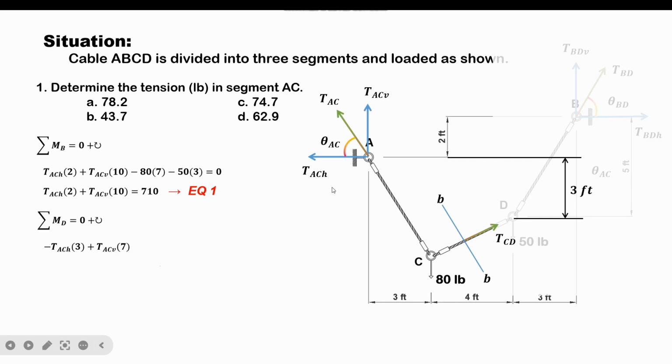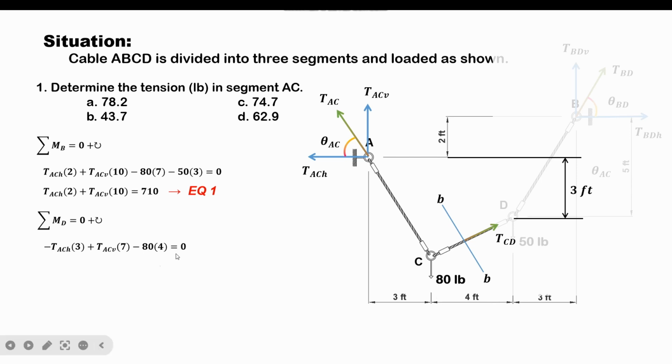And the other force that is involved is the external force 80 pounds. This force will produce a counterclockwise moment about point D. So we will have here negative 80 multiplied by its moment arm, which is equal to 4 feet, then equal to 0.